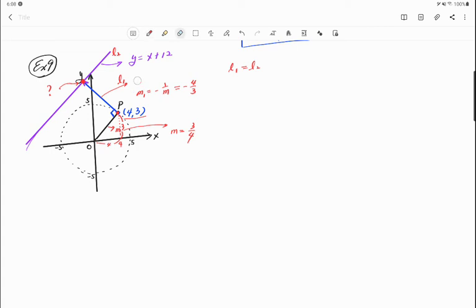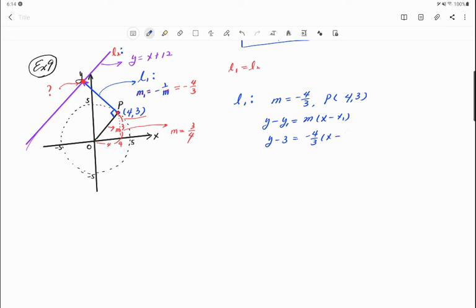So let's find the equation of line 1. We need the slope, which is negative 4/3, and a point, which is the point P (4, 3). Using the point-slope formula, y minus y1 equals m times x minus x1, we get y minus 3 equals negative 4/3 times x minus 4.